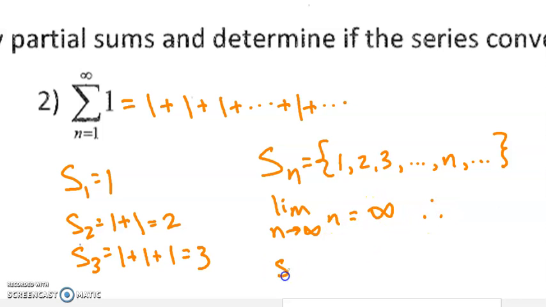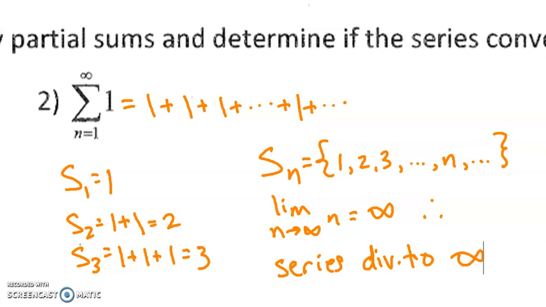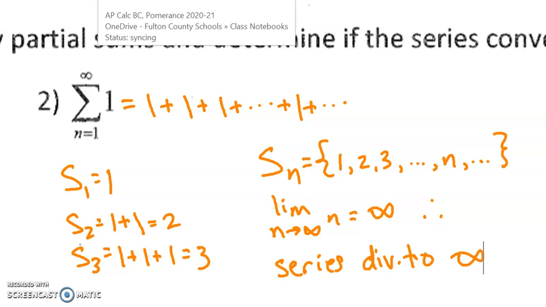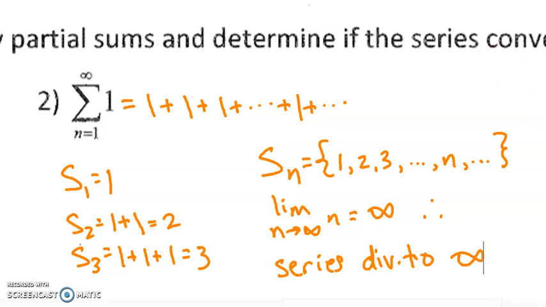Therefore, the series diverges to infinity. So we can see that sometimes our infinite series will converge to a value, sometimes they will diverge to infinity. This particular one is not a very exciting example. It's not very surprising that if we just keep on adding 1 over and over and over again, our sum will continue to grow without bound.